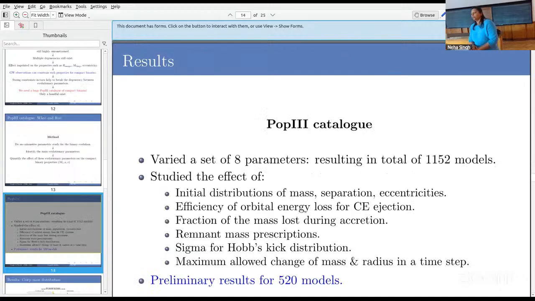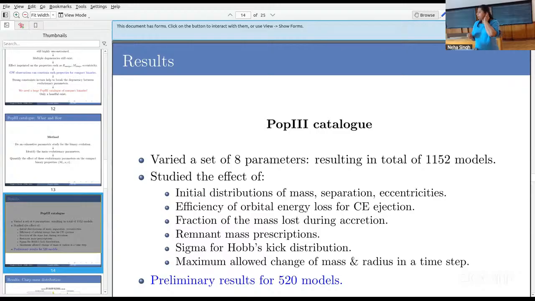So for the past few months, we have been constructing this catalog, in which we varied a set of 8 parameters, and this resulted in more than 1,000 models. In generating this catalog, what we varied is the initial distribution of the mass, the separations, the eccentricities, how efficient the orbital energy loss is during the common envelope ejection, the fraction of mass lost during the accretion, and also the remnant mass prescription.